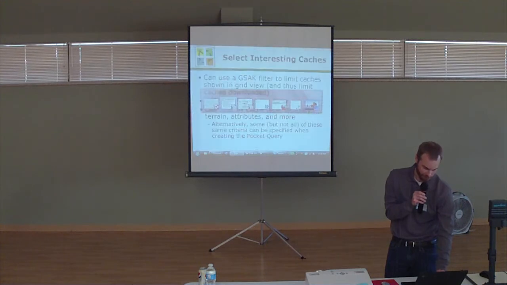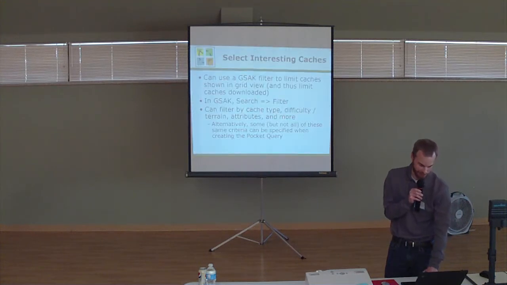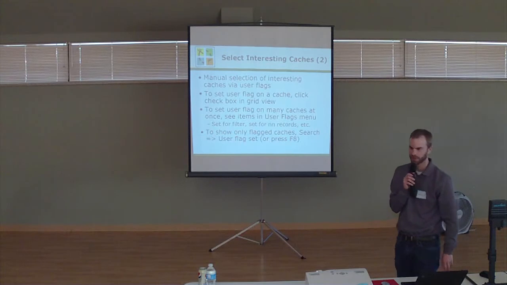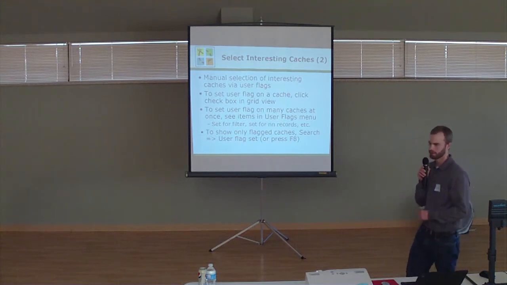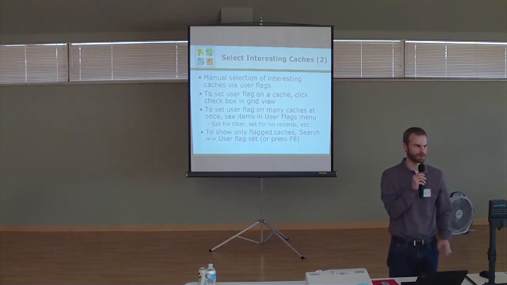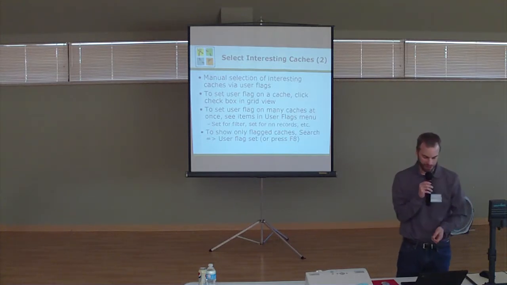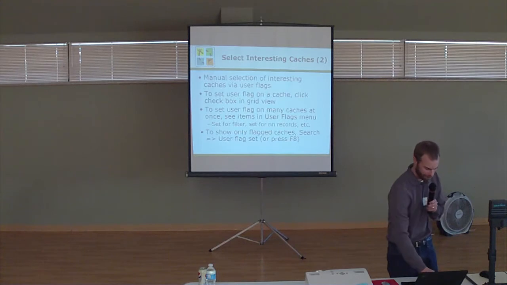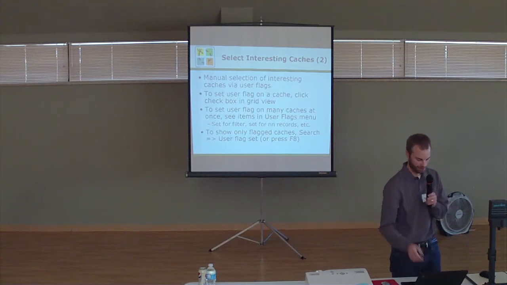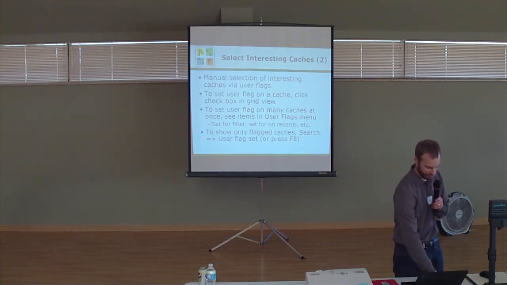There's another thing you can do to limit the number of caches on a manual basis, and that's called user flags. Let's say there's just a handful of caches you want to find, maybe 5 or 10. You know their names, and you just want to select them manually to download to your GPS.